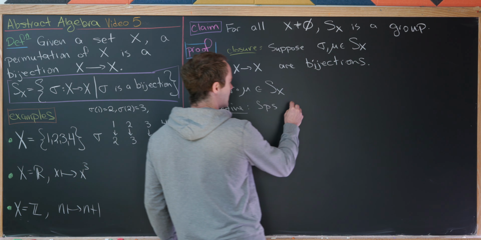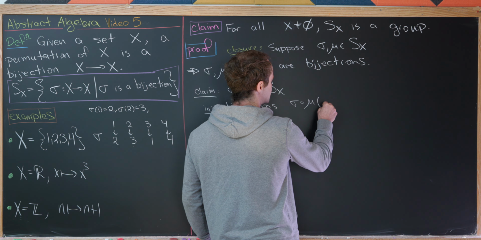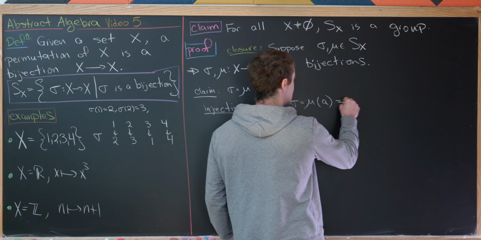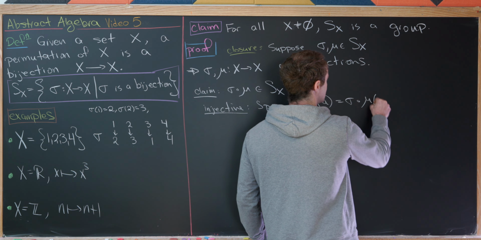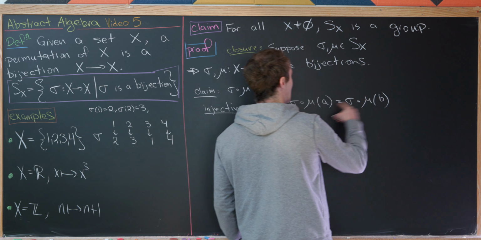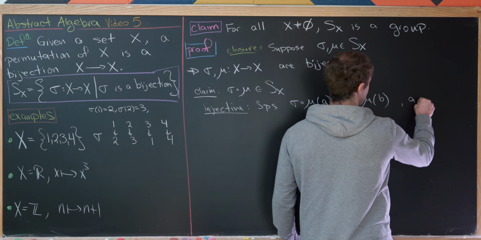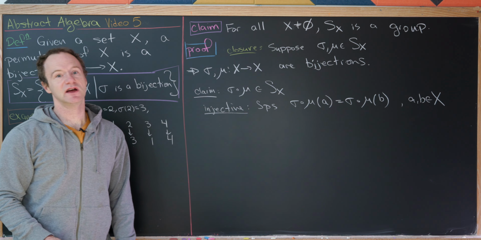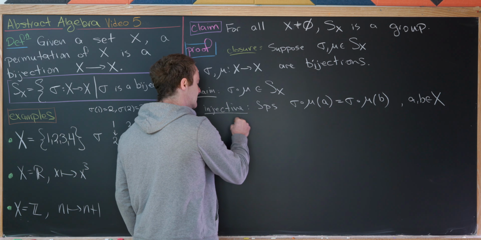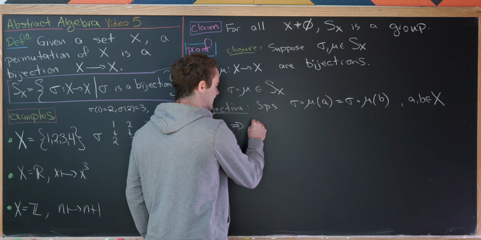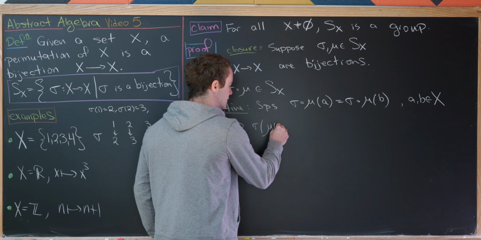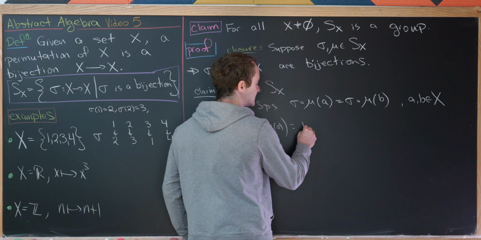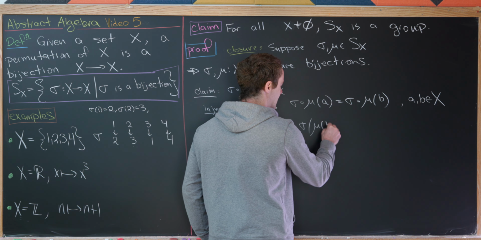So let's suppose that sigma composed with mu evaluated at a is equal to sigma composed with mu evaluated at b, where a and b are arbitrary elements of our set X. Let's note that that means that sigma of mu of a equals sigma of mu of b.